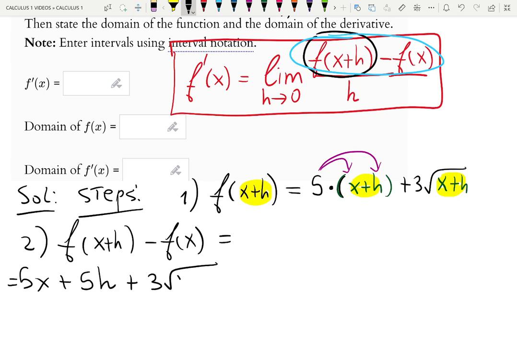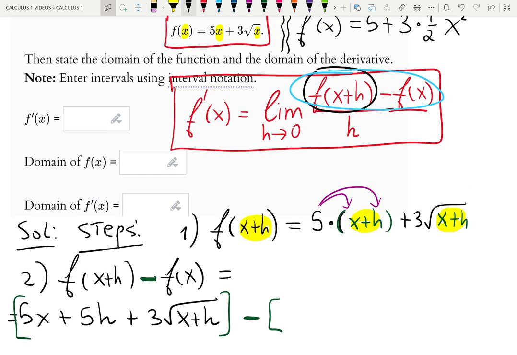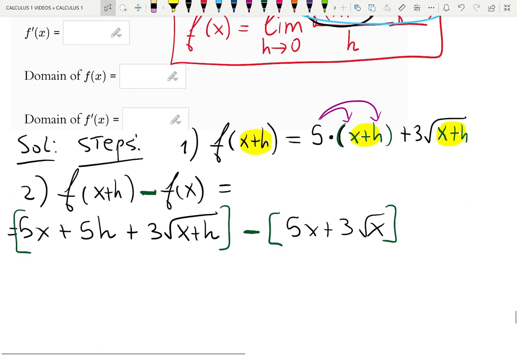Remember, you cannot distribute the square root if there is a sum or difference inside of the square root. Put brackets or parentheses. I like to use brackets. Negative sign, it comes in the formula. Open brackets or parentheses and write down the original function. The original function is 5x plus 3 square root of x. Now you know why I distributed 5, because I want to get rid of the 5x that repeats twice, but once with a negative sign.